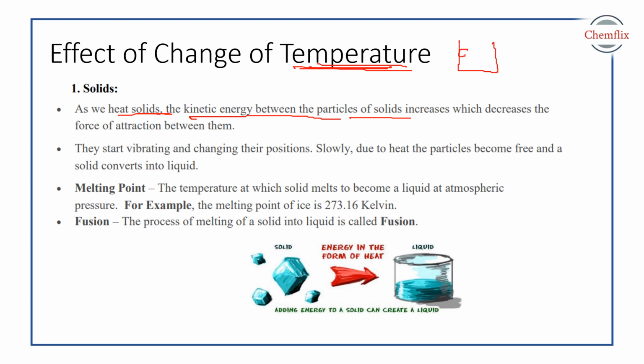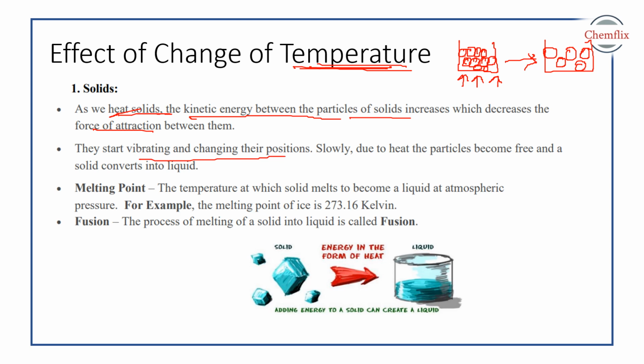Okay, now this is a solid particle, so I'm going to heat it. What happens here? The kinetic energy increases, which decreases the force of attraction. Kinetic energy increases, meaning the intermolecular space increases, right? So it decreases the force of attraction between them. They start vibrating and changing their position.